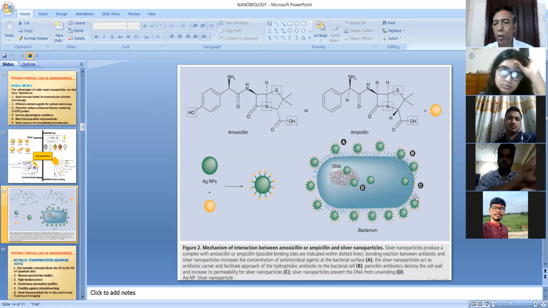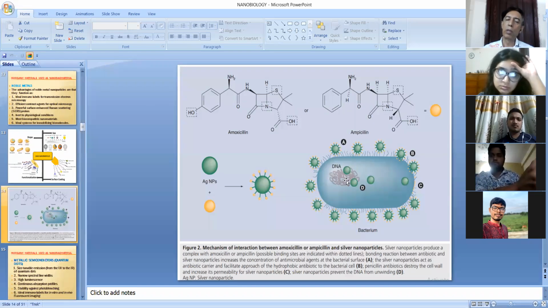These are the flagella of bacteria. It breaks the cell wall and enters into the bacteria, and it makes some changes in DNA. Due to this change, the bacteria dies. So this is a simple schematic diagram of how a nanobiomaterial works.